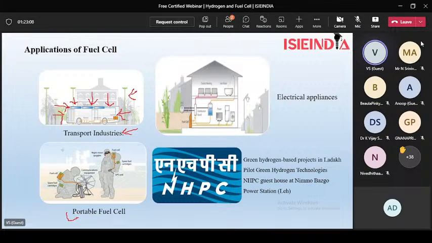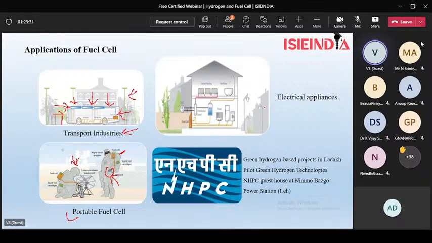So this is a good application compared to a battery. A fuel cell is better than a battery because it doesn't run down. We can also see GPS unit equipment, and many other applications of the fuel cell.